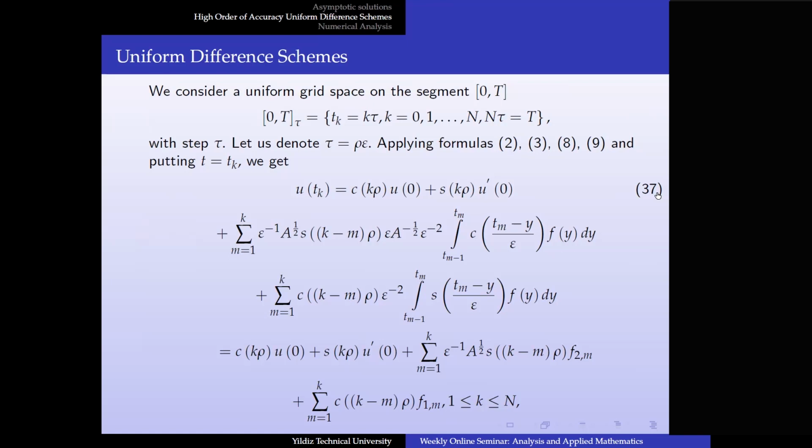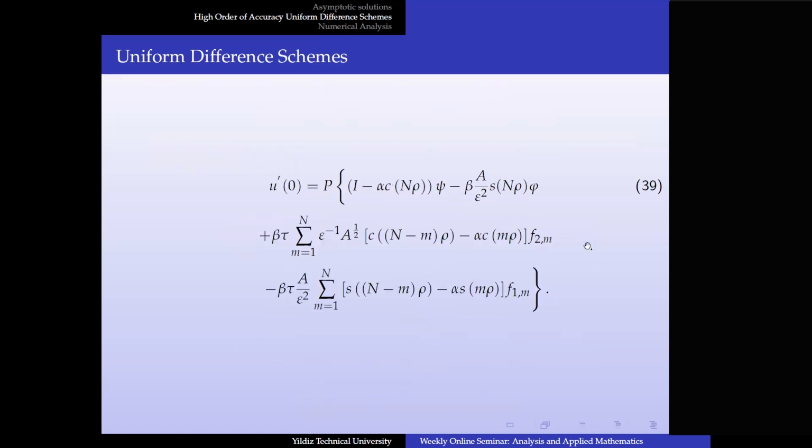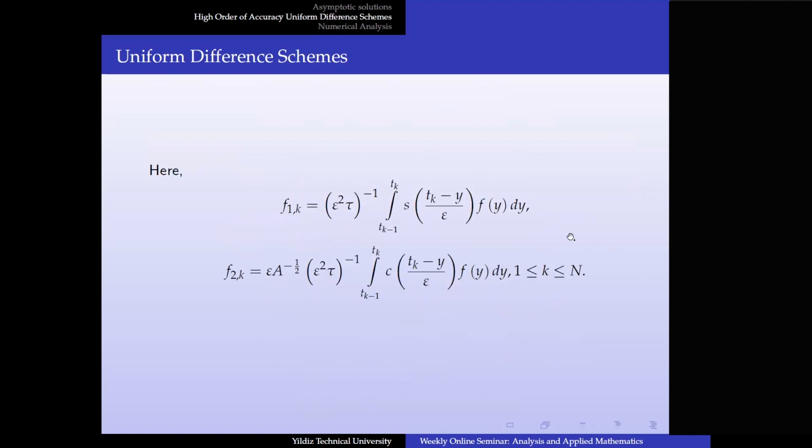formula 37. Here C of K rho are the coefficients in non-local boundary conditions, and in 39 the U prime of 0. And here f sub 1k and f sub 2k are given by the following formulas.